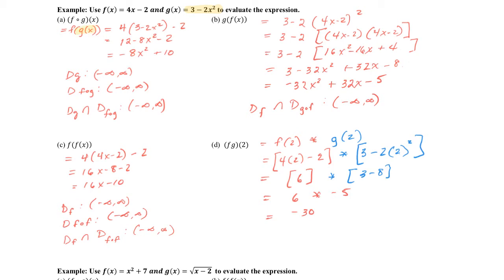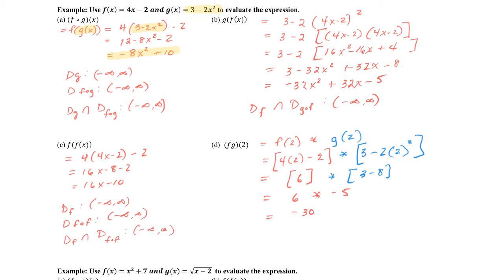So I'll have 4 times, and then I had x, so I'll replace the x with the g function, 3 minus 2x squared, and then minus 2. Make sure you distribute your 4 throughout the binomial, so 4 times 3 is 12, 4 times negative 2x squared is negative 8x squared, minus 2. Simplify, combining your like terms, and your final answer is negative 8x squared plus 10.